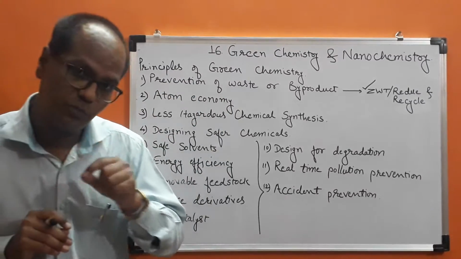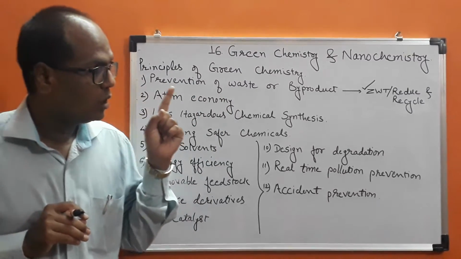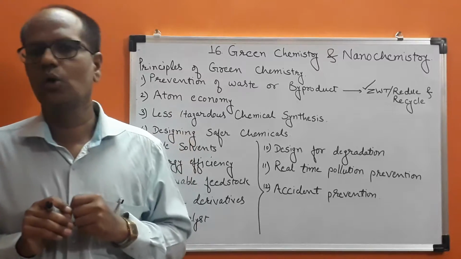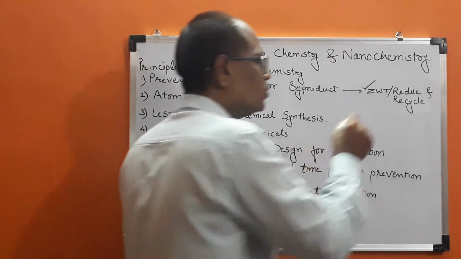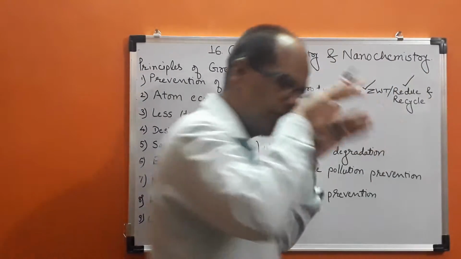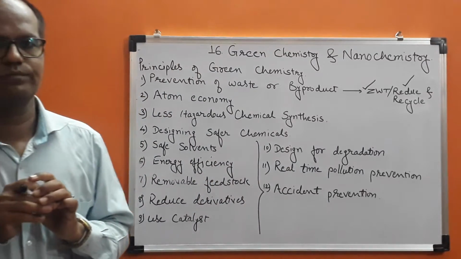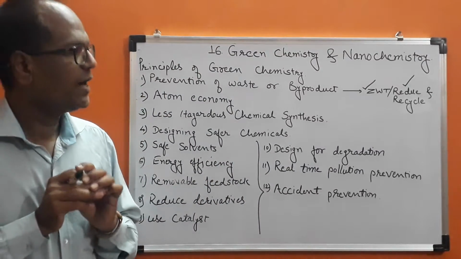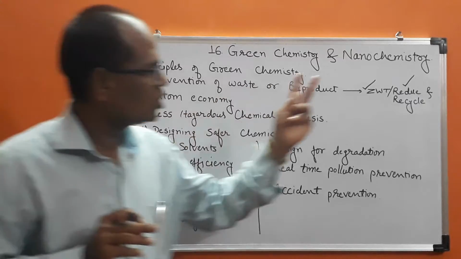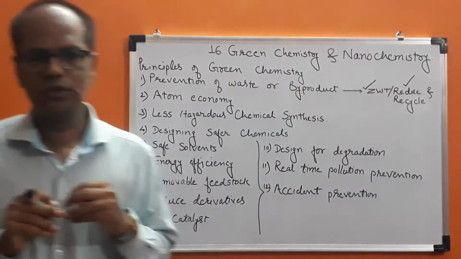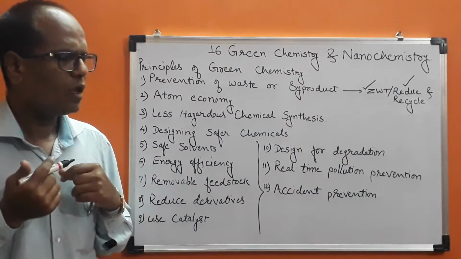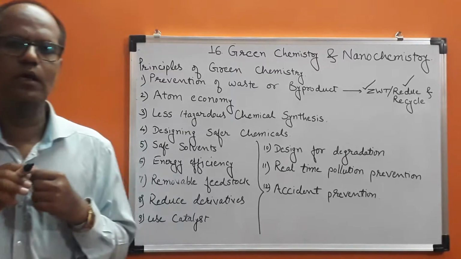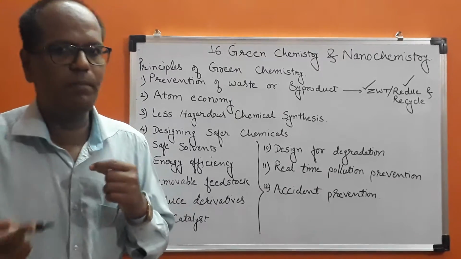If it is not possible to make the byproduct zero, let us reduce the byproduct. Means let us reduce the quantity of byproduct. And if you are not able to do these two things, or if we want to do it in another way, let us recycle the byproduct.